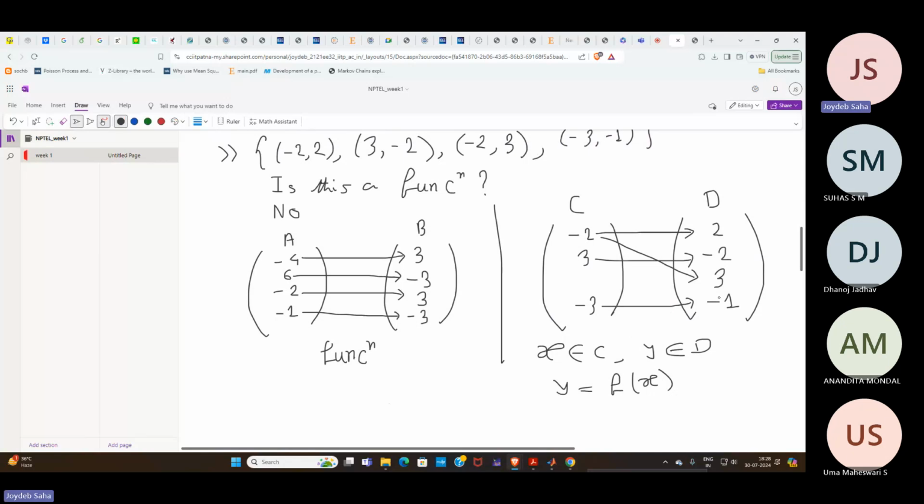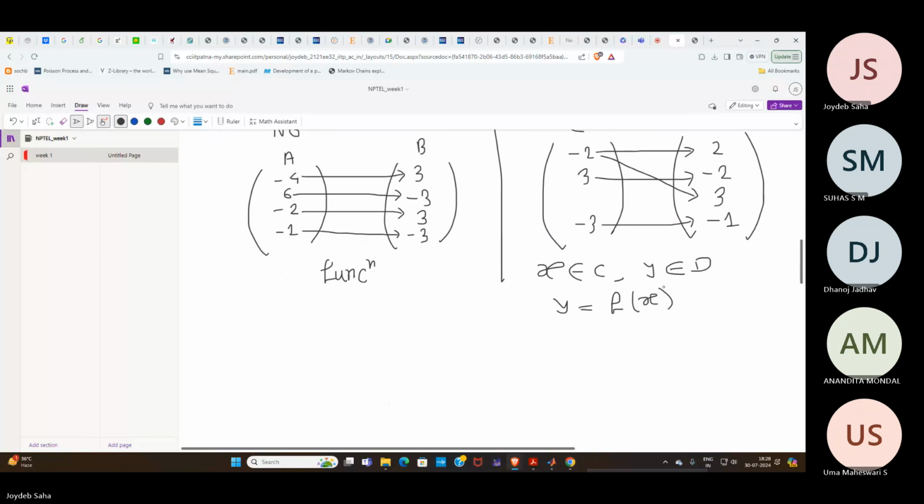We can get 2 and we can get 3. So this is not a function.